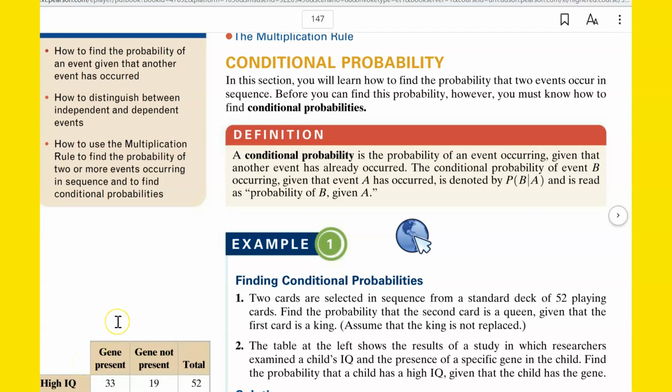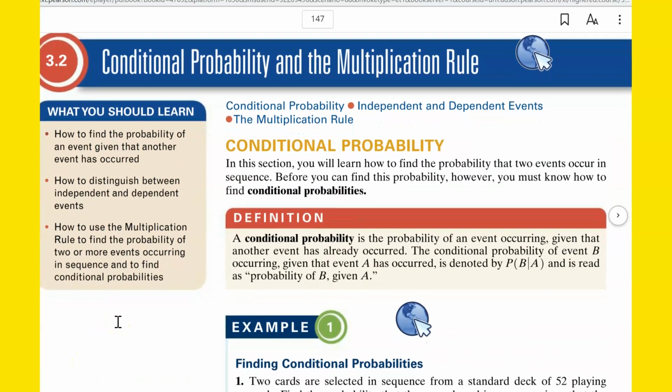So 3.2 and 3.3 kind of run together. It's easy to get them mixed up. 3.2 is conditional probability and the multiplication rule. This is about the probability that two events both occur.